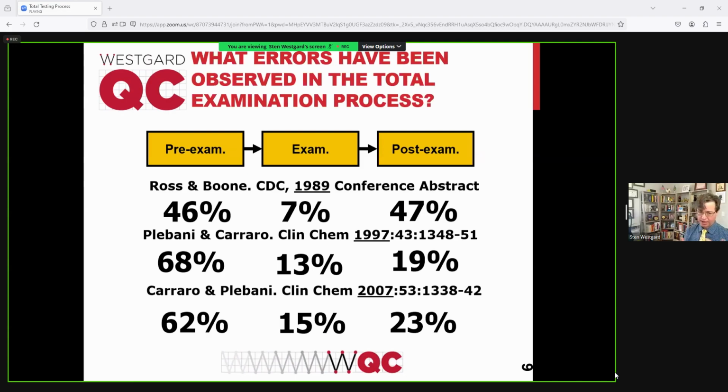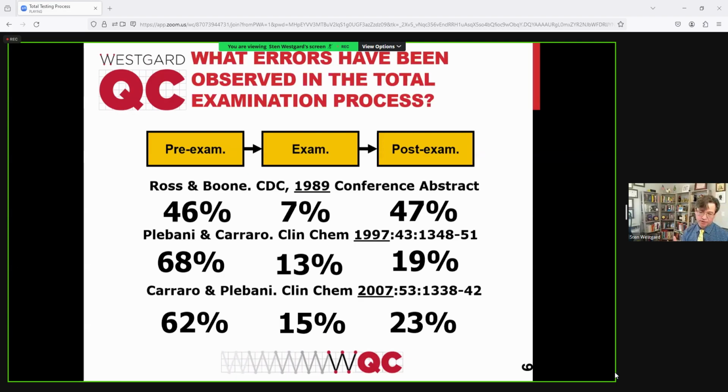So we go back to Ross and Boone, a conference abstract, 46% of errors were happening in the pre-analytical. Plebani, the first landmark paper on pre-analytical errors, 68% happening in the pre-analytical, and then you follow that up another decade later, 62%.